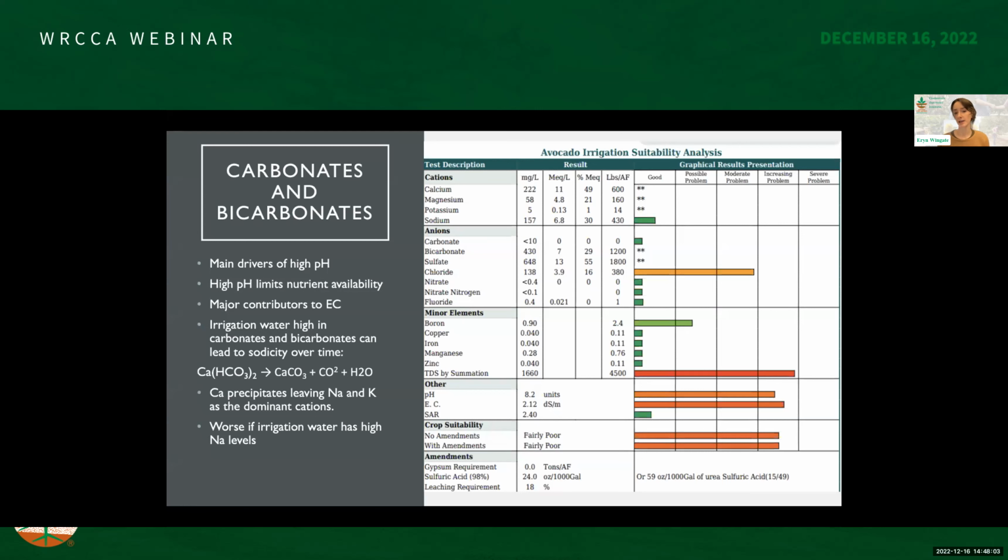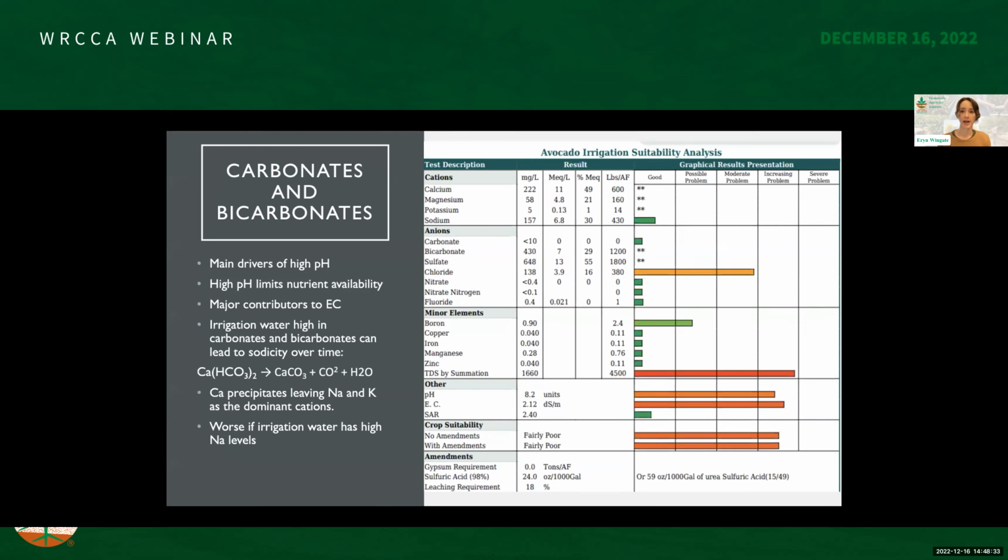So that calcium is essentially lost from the cation exchange. In its place, sodium usually takes its spot, and sometimes potassium, as the dominant cation. Over time, if we're irrigating with water high in carbonates and bicarbonates, that will eventually lead to structural problems as the exchangeable sodium percentage increases.